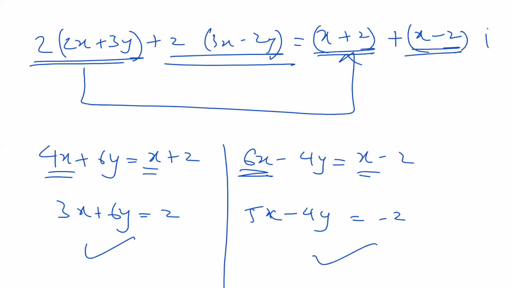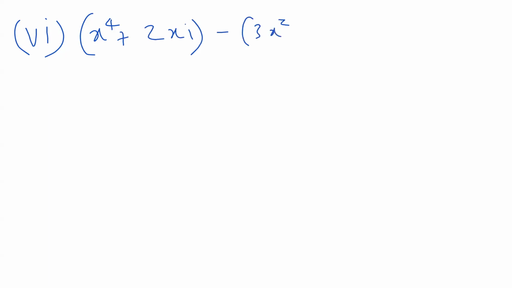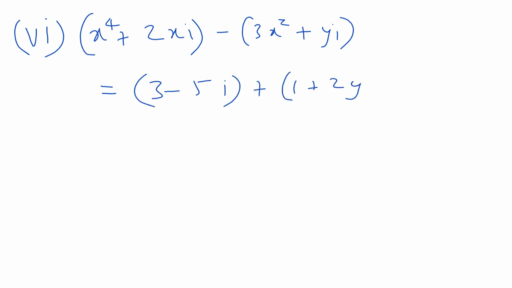Okay, so let us do one more problem, that is question number 6. x⁴ + 2xi - 3x² + yi = 3 - 5y + (1 + 2y)i.